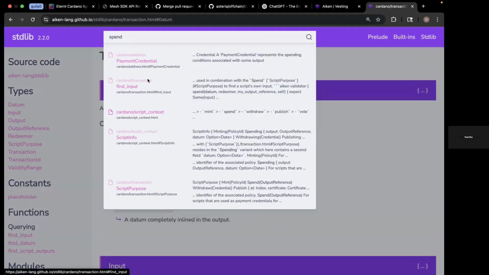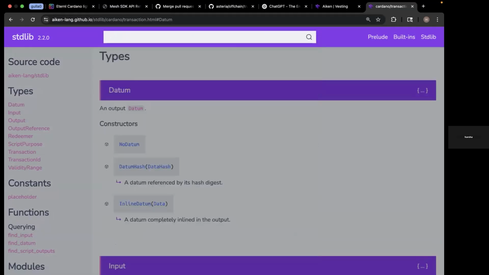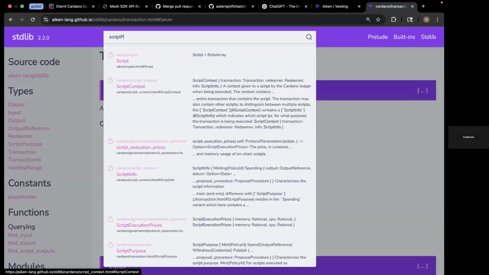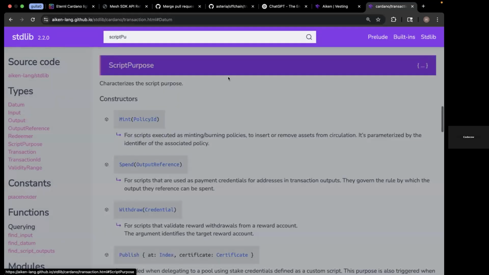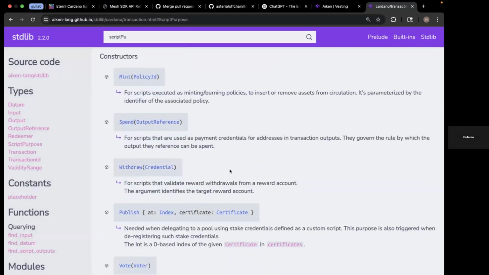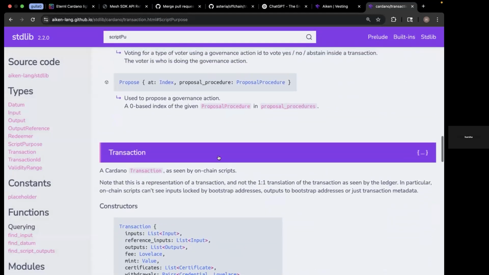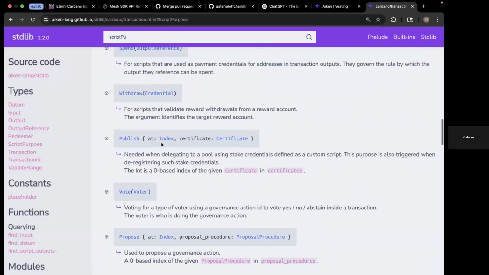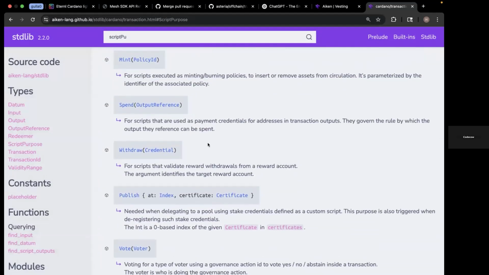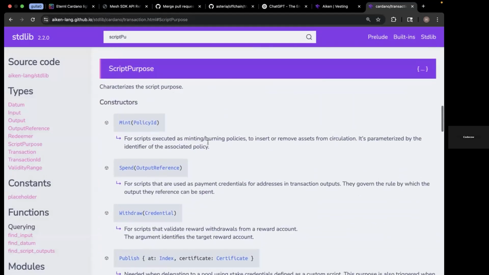There's nothing called spend, so it's the script purpose. This is going to bring us to what we found last time, and it says nothing else. When I was first trying to learn, I ran into all these dead ends.